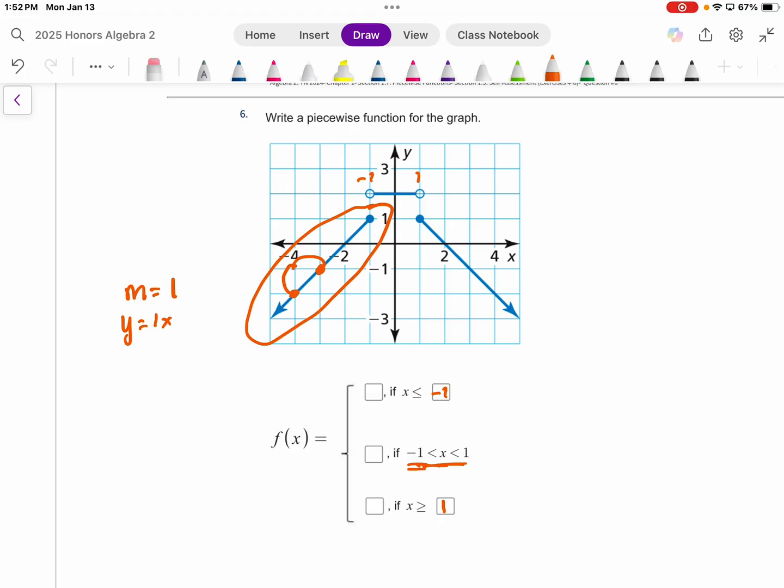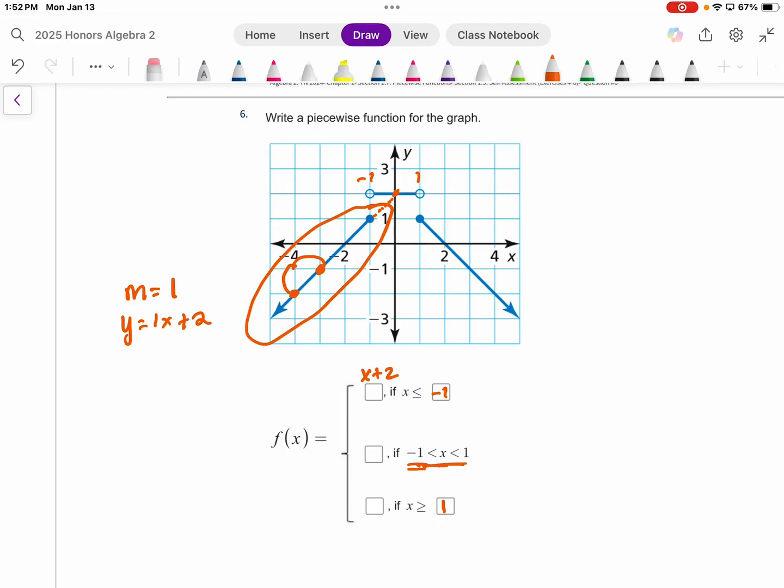Now I've got to figure out what the y-intercept would have been for that equation. I just go to where that solid dot is and keep carrying that pattern over. Technically it would have crossed at y equals 2, so I would just say plus 2. The first equation gets x plus 2. It goes into that box for an equation.